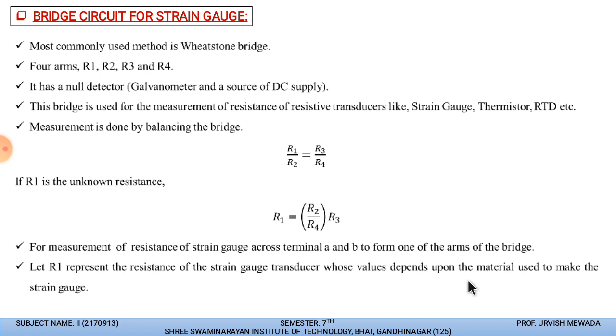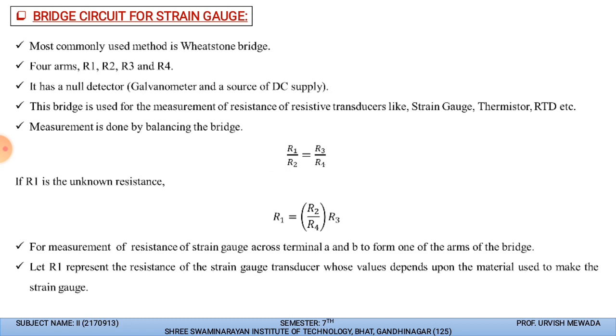As you already studied, in the Wheatstone bridge we have four resistances connected with the supply, and the resultant of the arms of the bridge will be equal to the measurement quantity that we are measuring with the help of the bridge. We are using four arms, that is R1, R2, R3 and R4. It has a null detector, the galvanometer, which we can connect between two parallel arms.